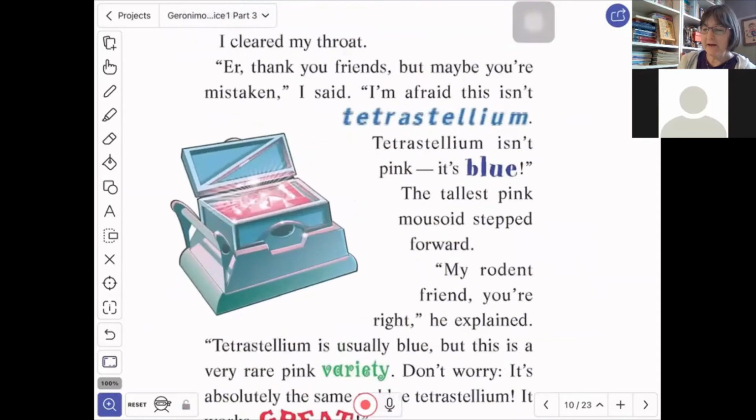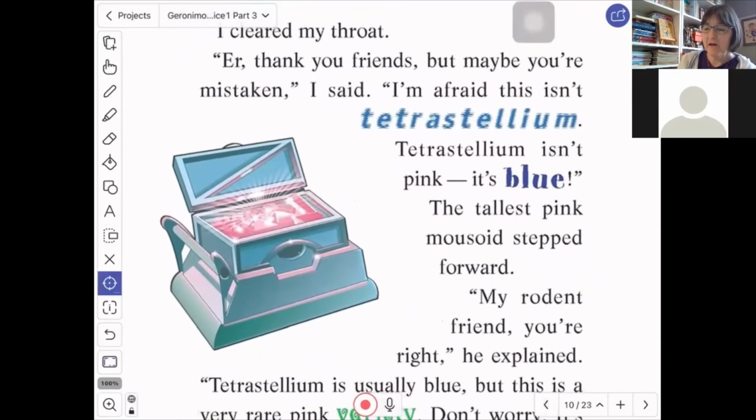I cleared my throat. Thank you, friends, but maybe you're mistaken, I said. I'm afraid this isn't tetrastellium. Tetrastellium isn't pink, it's blue. The tallest pink mousoid stepped forward.